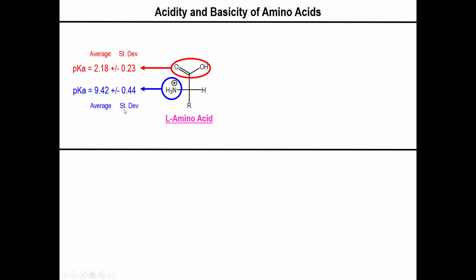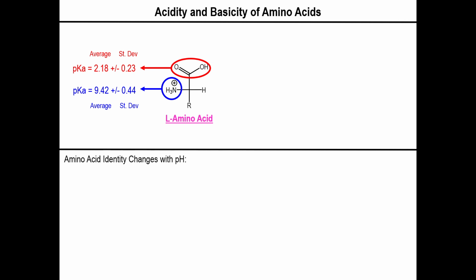On the other hand, your amino group has an average pK of 9.42 for all 20 amino acids, and the standard deviation is a little bit larger, 0.44. So you're definitely on the higher end of the pH scale.